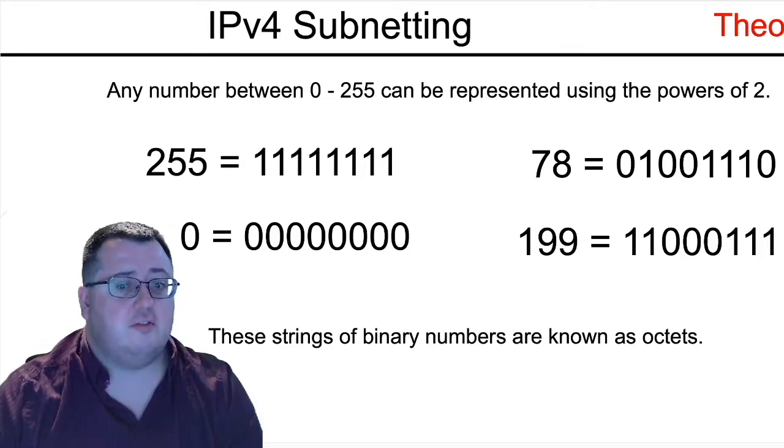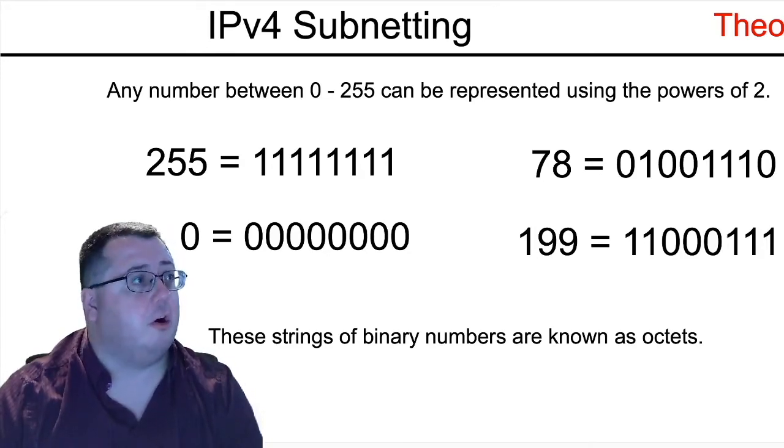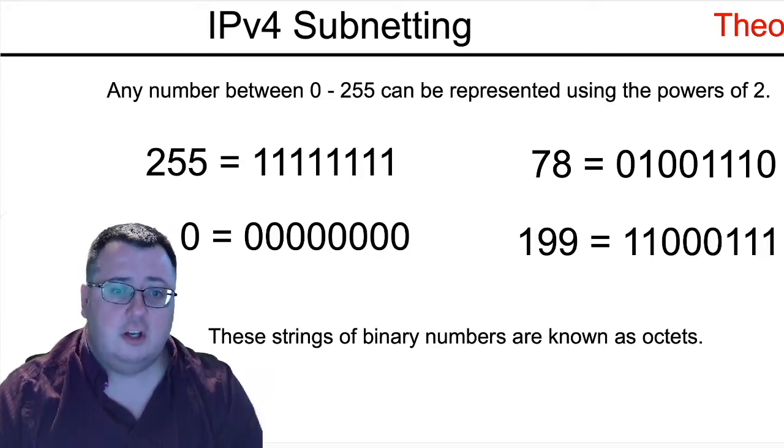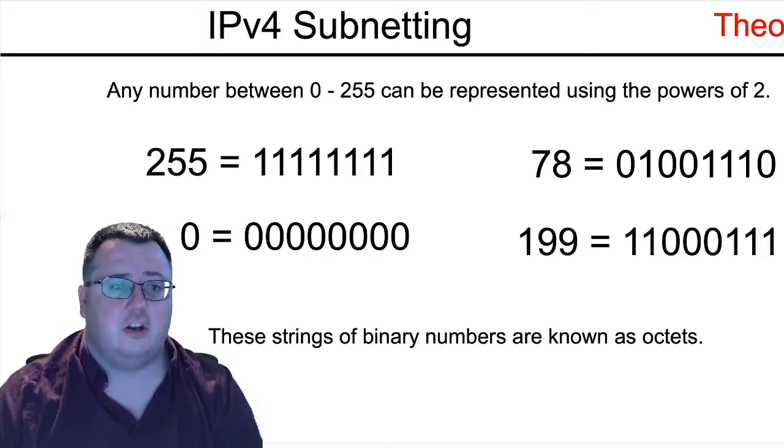These strings of binary numbers are known as octets. So we're going to be working with octets in subnetting this evening, but you first need to know how to convert the numbers into binary, which is what we're going to look at.